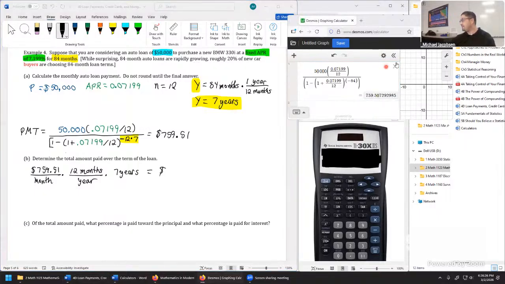And here's what you'll get. To completely own this car and get the title back from the bank, we'll have to take this amount, 759.51, multiply it by 12 months, multiply it by 7 years, and we'll be paying $63,798.84.